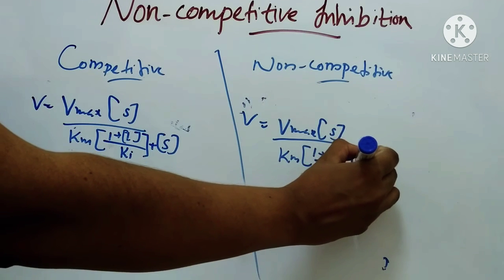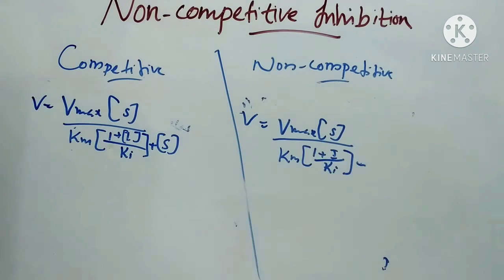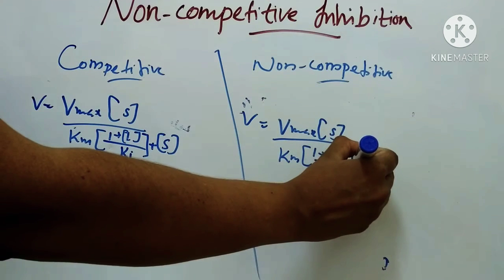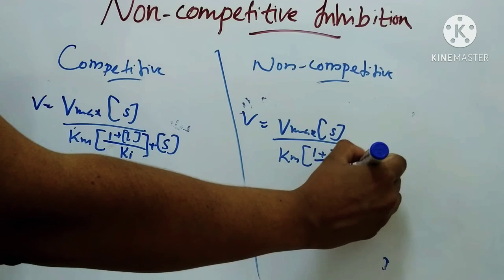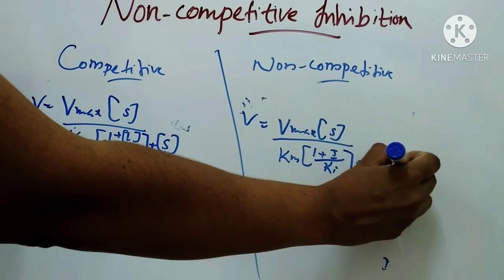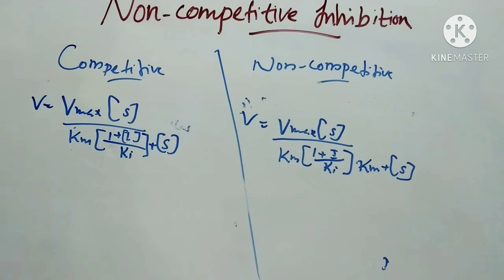This is the Michaelis-Menten equation in both cases.